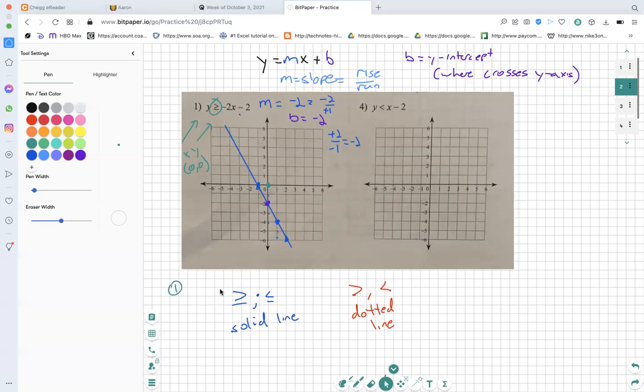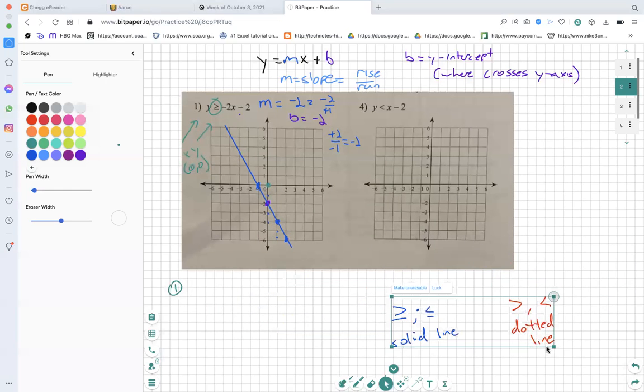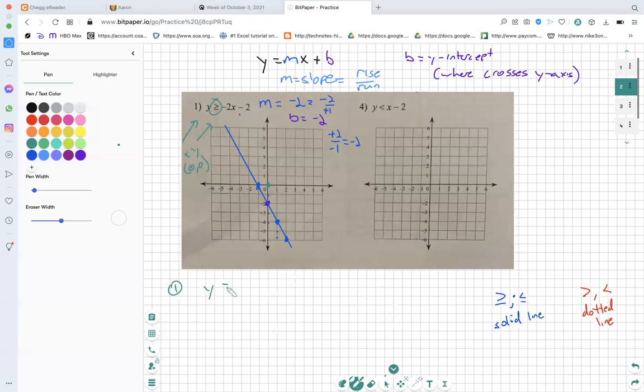So we have y is greater than or equal to -2x minus 2. I'm choosing 0, 0 again. This is my x point. This is my y point. So my y point gets substituted with a 0.